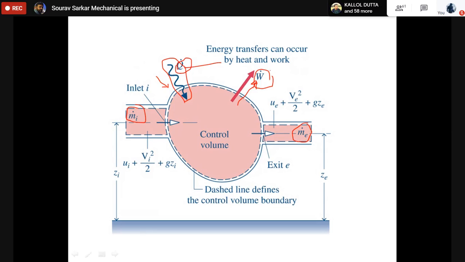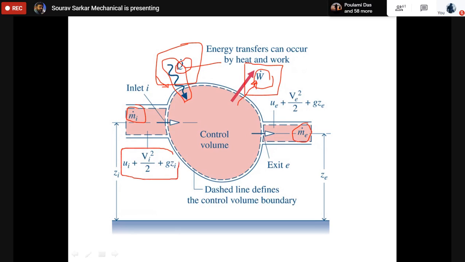But you have to understand, whenever I am talking about a flowing system, these are not the only forms of energy. Heat and work are the two forms of energy that exist at the boundary, but there is also some other form of energy, and that is transported with the mass.